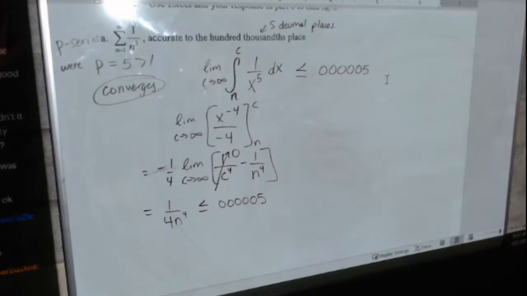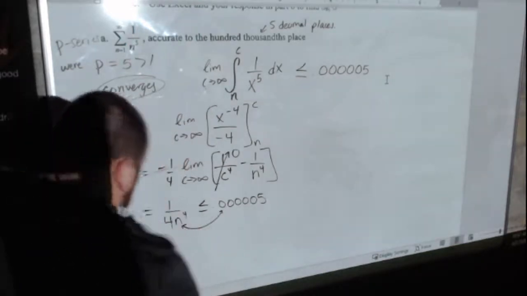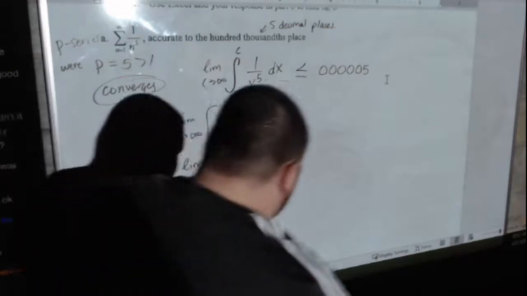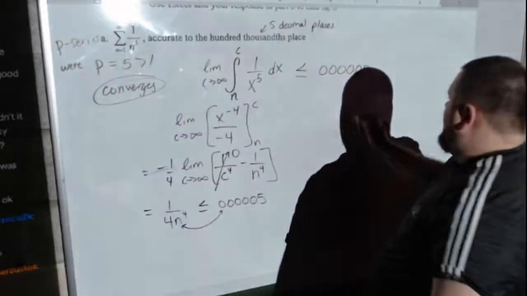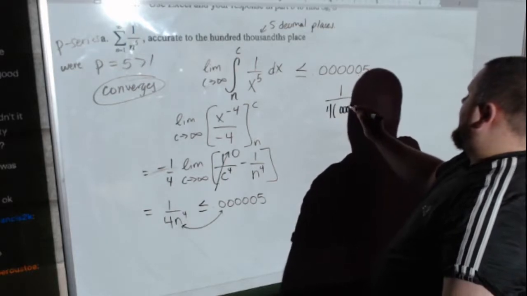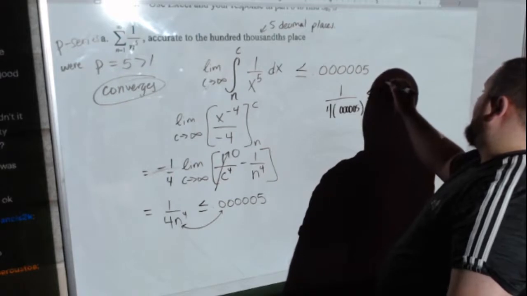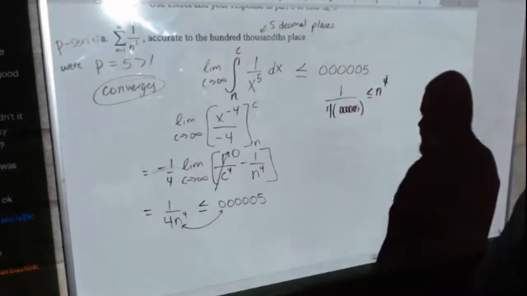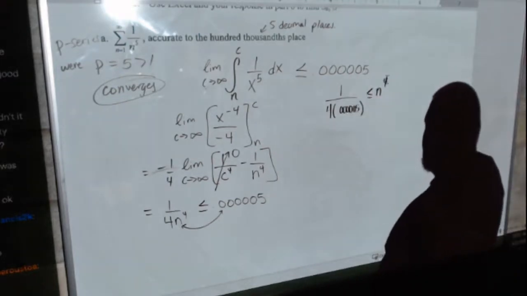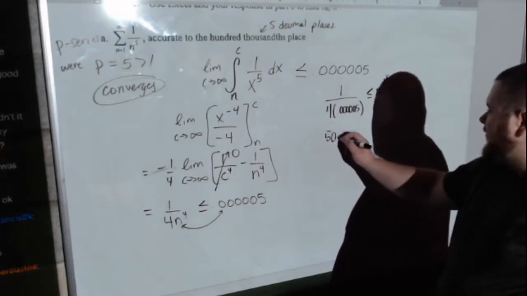So now I just have to do some algebra to solve for n. I'm going to take this n to the fourth and swap it with that decimal there. And if you don't believe me, go ahead and do it in 2 steps and you'll get the same thing. This number is actually 50,000.